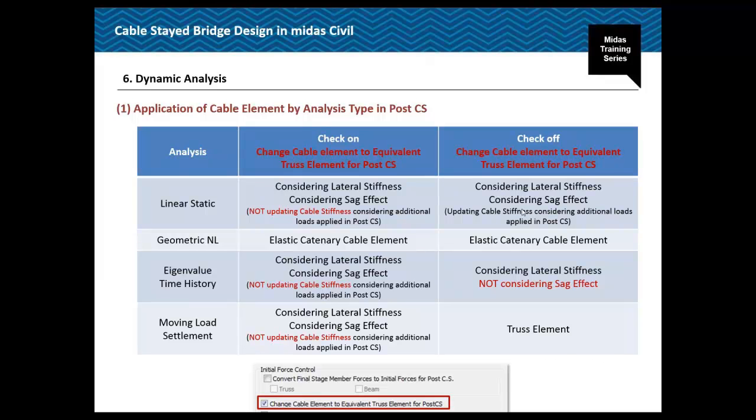In that case, in the linear static analysis, lateral stiffness and the sag effect are considered, but in the eigenvalue, no sag effect. In the moving load, they are considered as the truss. So all different elements will be applied by the analysis type.